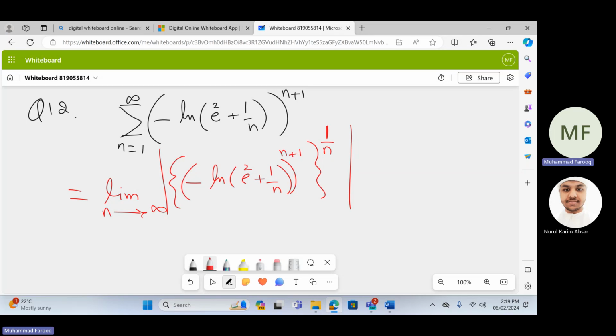Right, now what do you think the next step should be? Separate the power n plus 1? Multiply the powers.